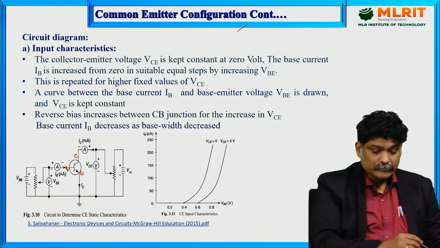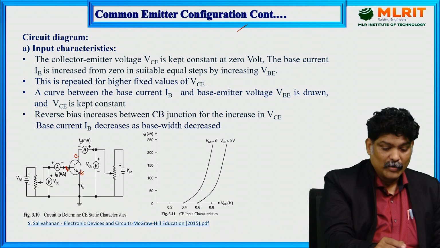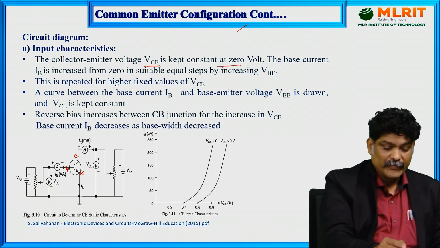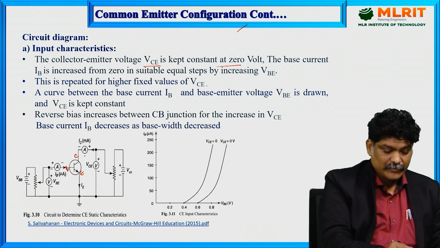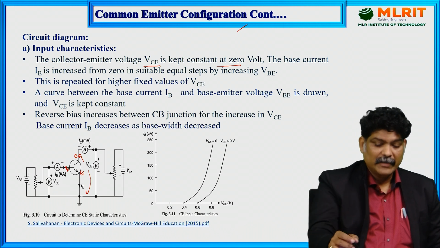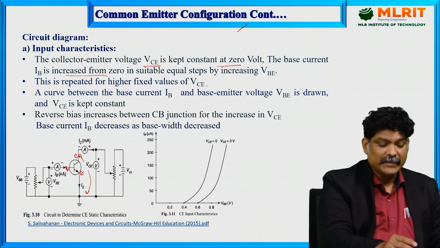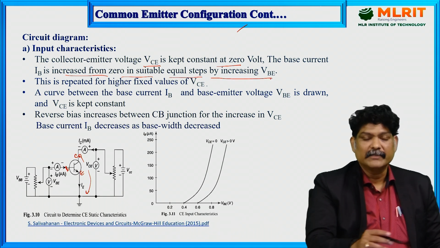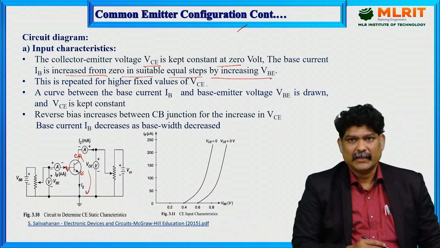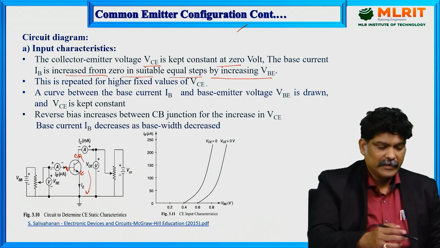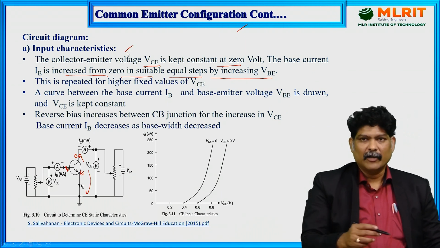Here the collector emitter voltage VCE is kept constant at 0 volts. VCE is the collector to emitter voltage in the output section, kept constant, and the base current IB is increased from 0 in suitable equal steps by increasing VBE. This is for the input characteristics. We can analyze this CE configuration by taking the input characteristics and output characteristics.